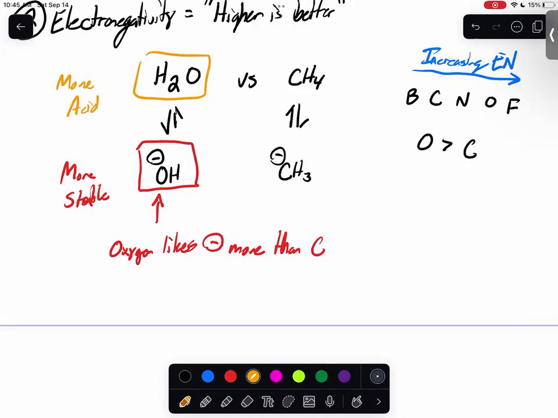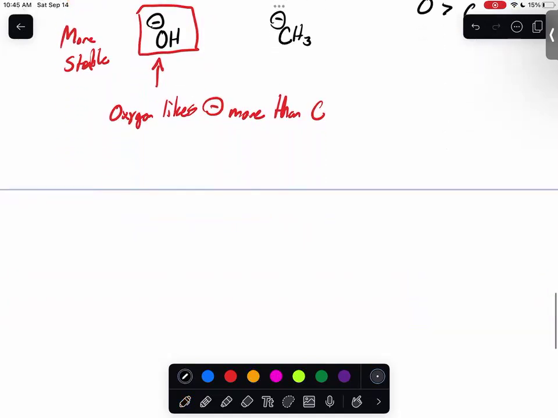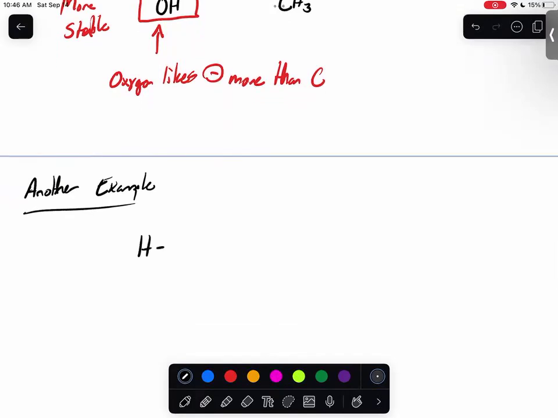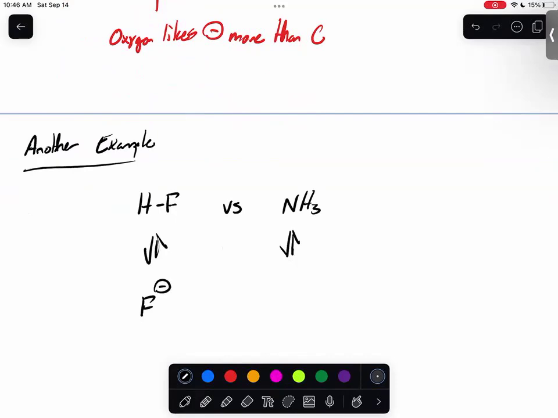All right. Looking at another example, doing the same comparison. Let's say we were looking at HF versus NH3. A deprotonation of these would give us F minus and NH2 minus.